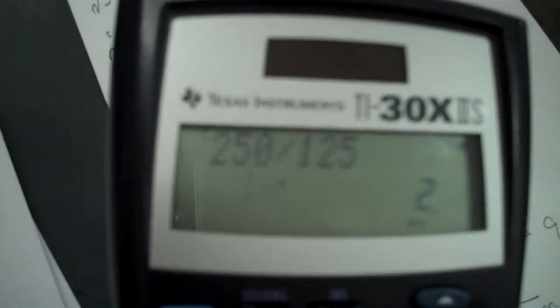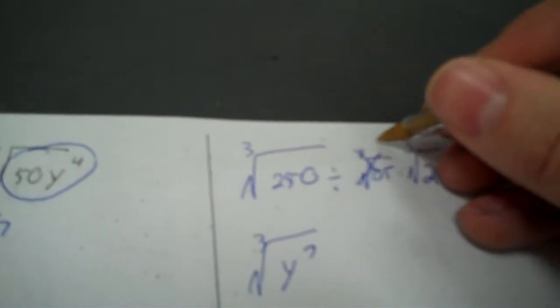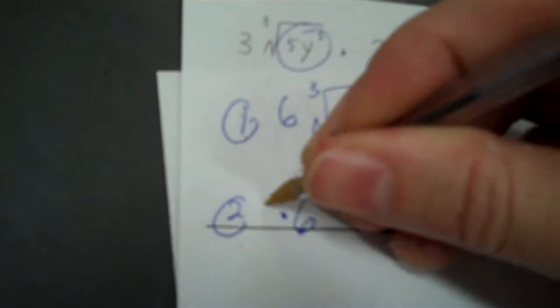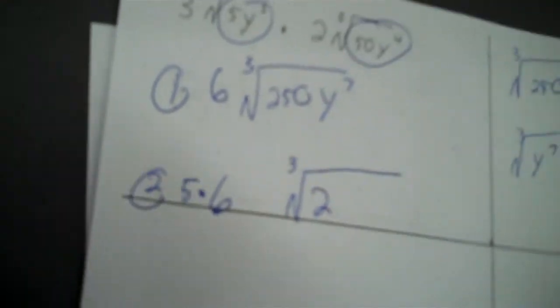So 250 divided by 125 is 2, so that becomes 5. Now again, that goes outside, so I just put a times 5 in the front. That goes to the front, and this 2 goes behind it.